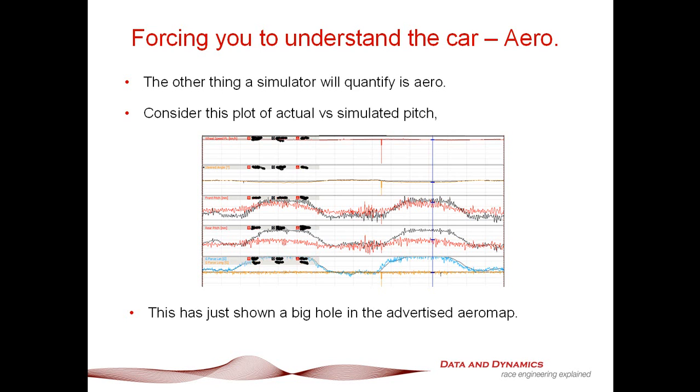So you absolutely and utterly ignore this at your peril, because I've seen countless formulas where people have used ChassisSim to quantify what's going on in the aero map, and they rock in on race day and they make their competition look like complete fools. So you ignore something like this at your peril.